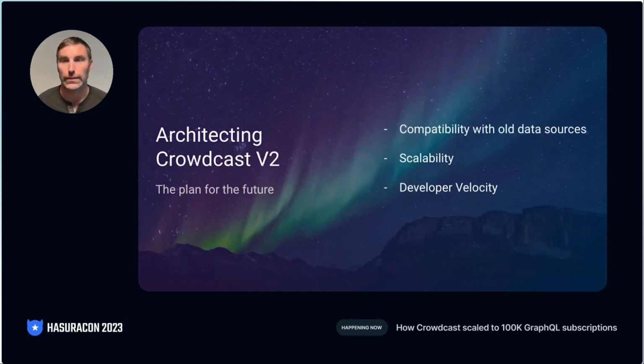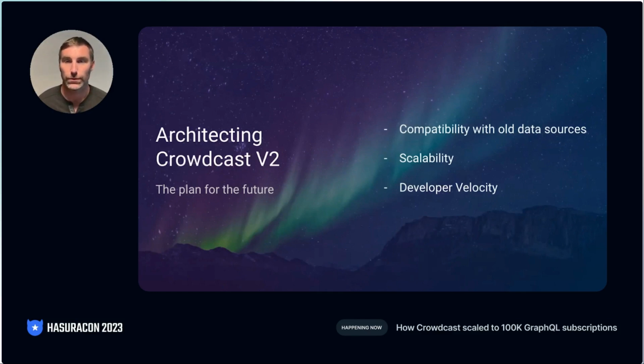There were many different business objectives for this platform, but 3 that are relevant to today's conversation. So compatibility with old data sources. We wanted to bring up the V2 stack alongside the V1 stack, allow users to jump back and forth between the various stacks, and also to slowly bring over people from the V1 stack to the V2 stack.